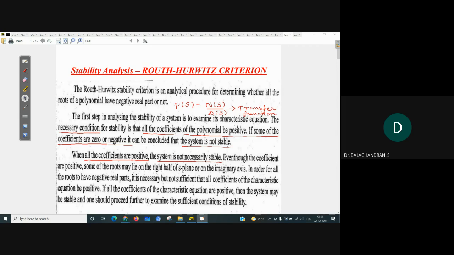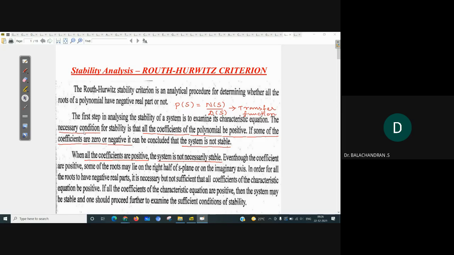The necessary condition for stability is that all the coefficients of the polynomial be positive. So that is the necessary condition.